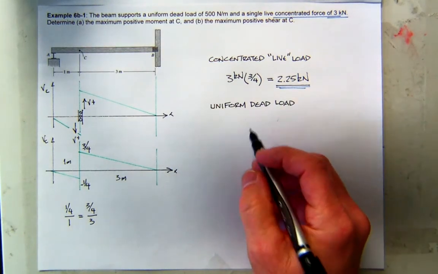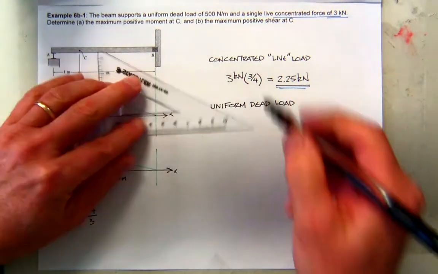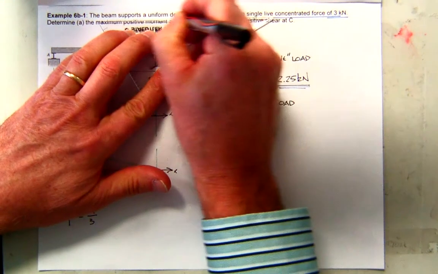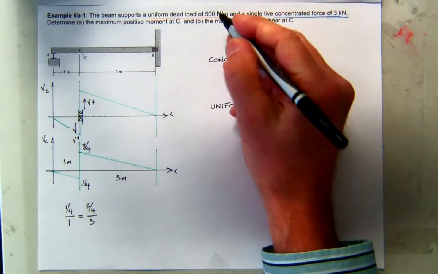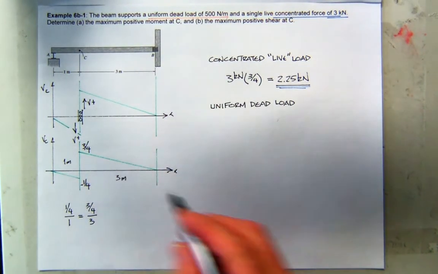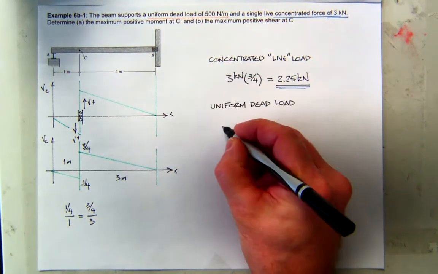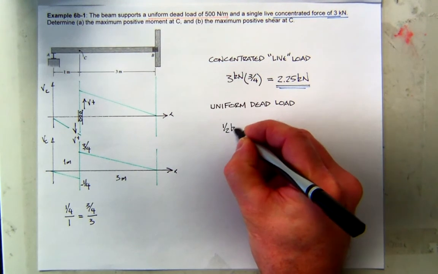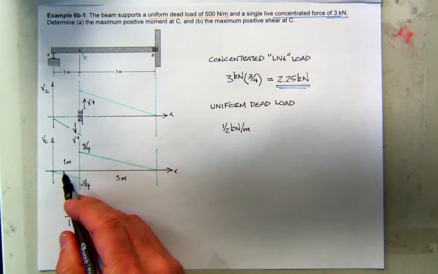So our strategy last time for the dead load, don't forget the dead load value, there it is right there, is we take the intensity of the load times the area under the curve, the whole curve. So again, the intensity, I'm going to convert this to kilonewton meters, so that'd just be 1/2 kilonewton per meter. That's the intensity. I want to take the area of this whole curve.